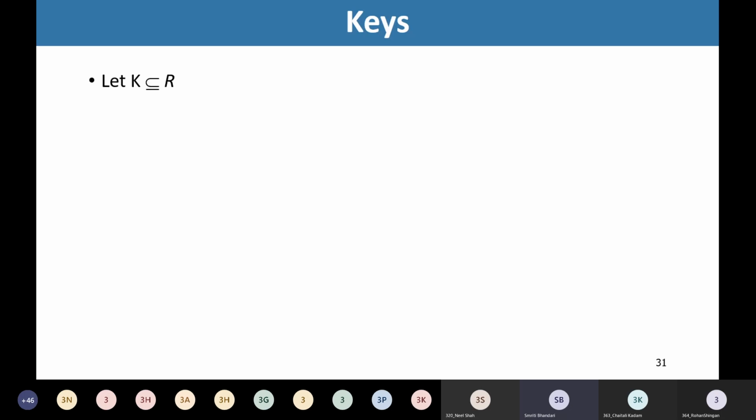Now, let us assume that K is a subset of capital R. So what is K? K is a set of attributes. And what is R? R is our relation schema.